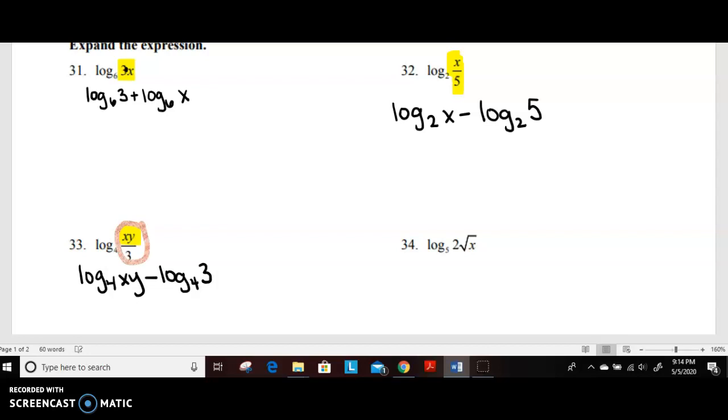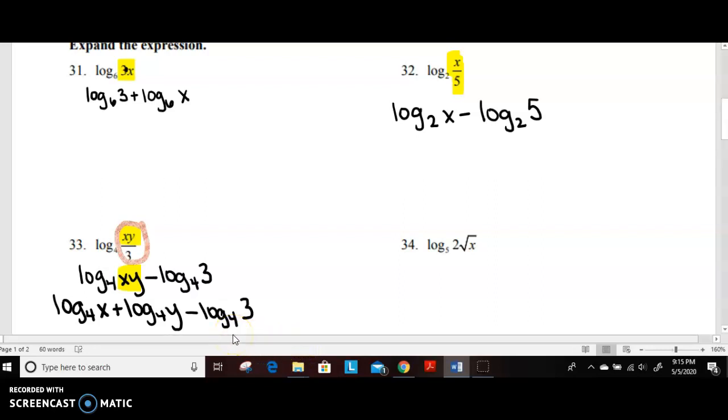Okay, so taking my numerator minus my denominator. But here I still have multiplication, so I can expand that even more to be log base 4 of x plus log base 4 of y minus that log base 4 of 3. Okay, so now we are all expanded.